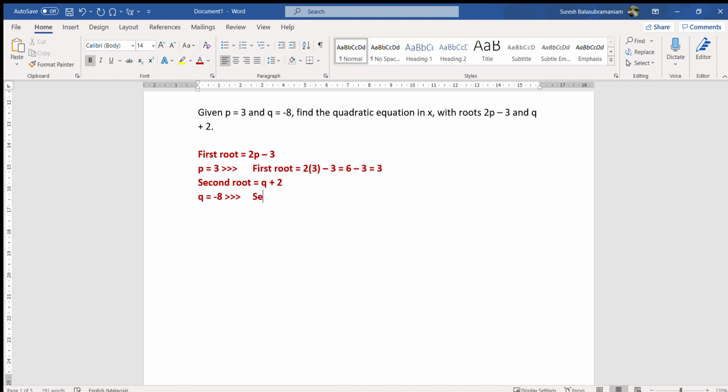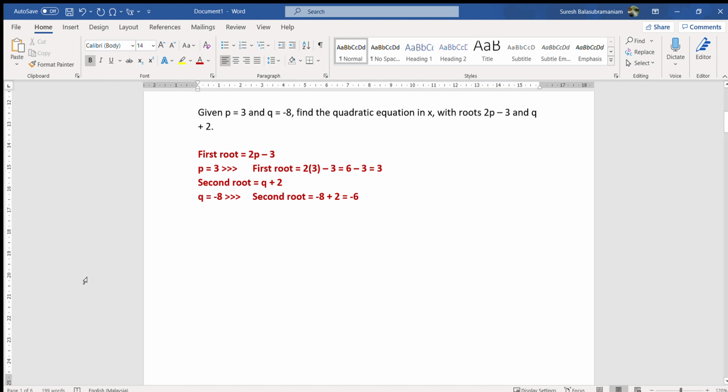So get second root -8 plus 2 equals to -6. Okay, that's my second root.